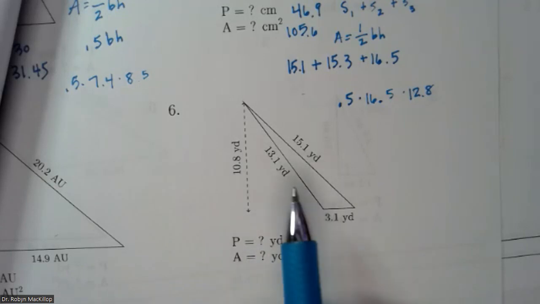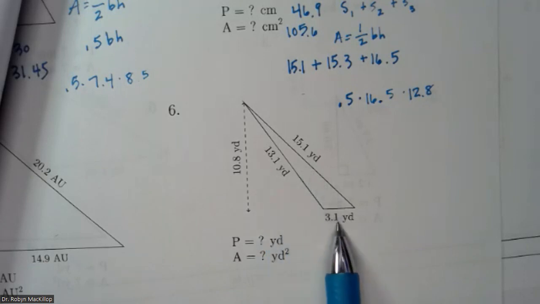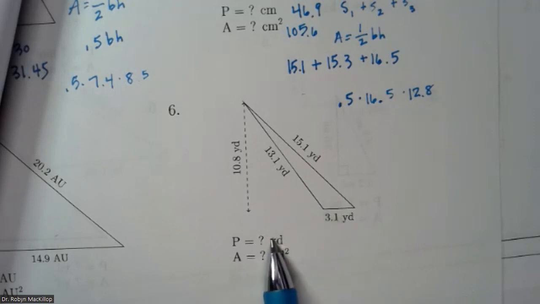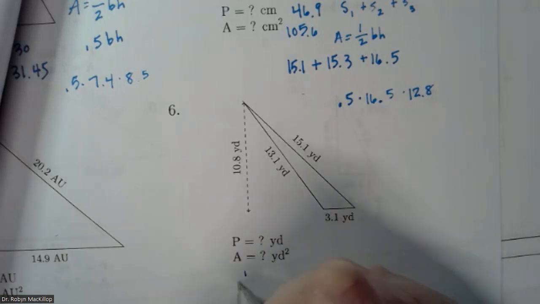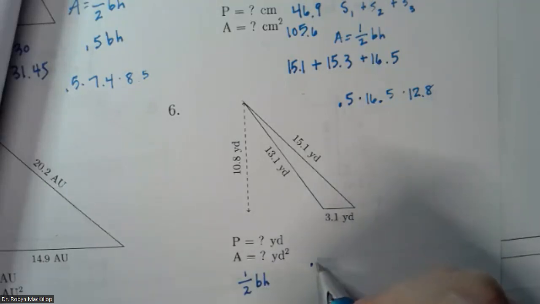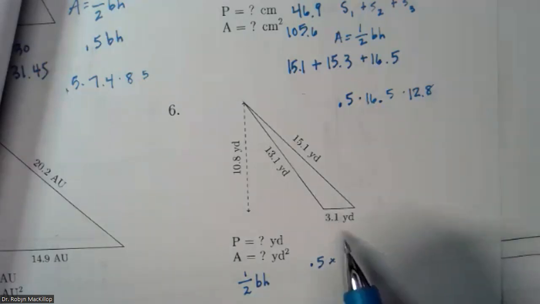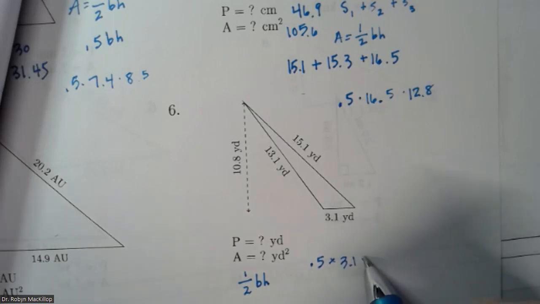So perimeter, we're good because we've got 1, 2, 3 measurements for the sides. We're going to add those 3 together to get the perimeter. Then we're going to come to area, and it's going to be 1/2 base times height. So that will be 0.5 times the base, which is what your triangle's sitting on, times the height.